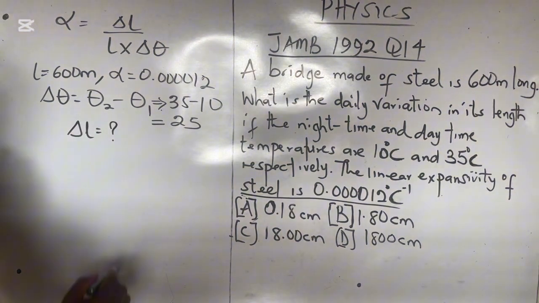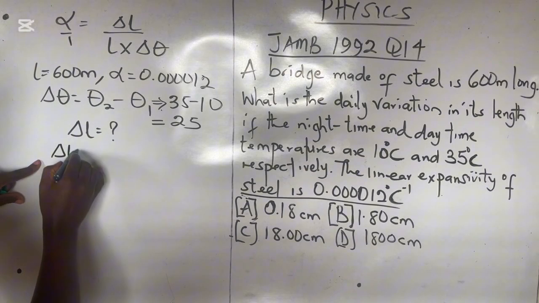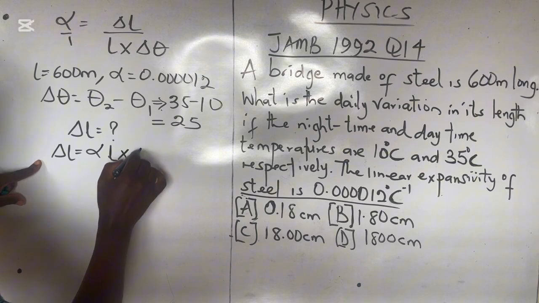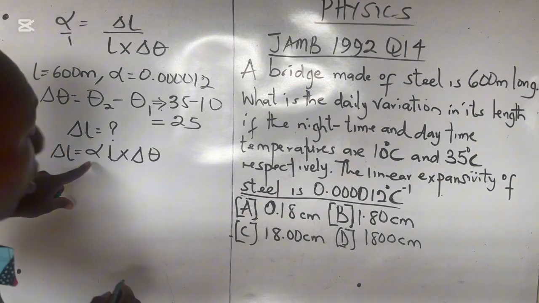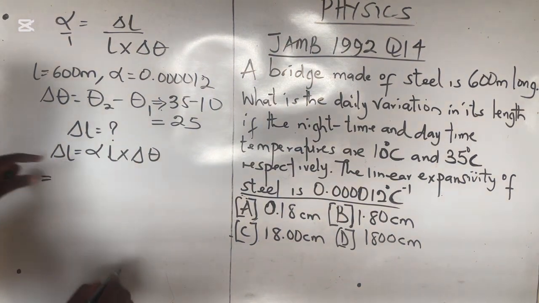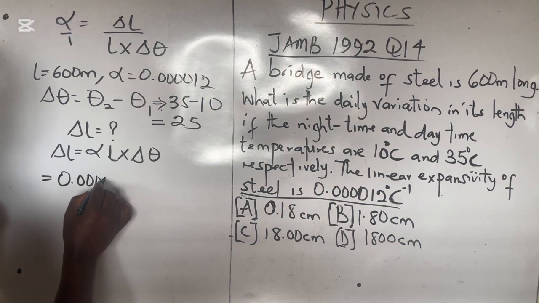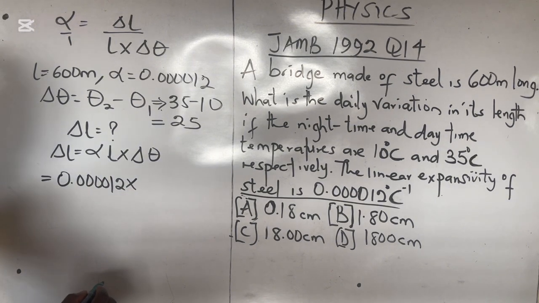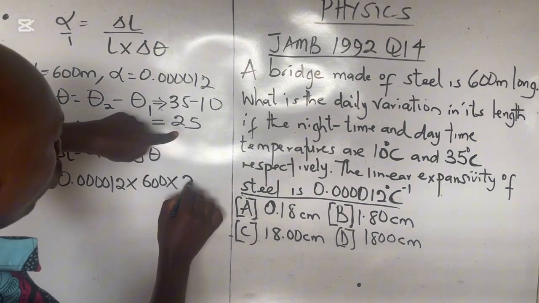Daily variation in length. So when we cross multiply this, we have change in length equals alpha L times change in temperature. So when we evaluate this very well, we have alpha, which is 0.000012, our length, that's 600, and our temperature 25.